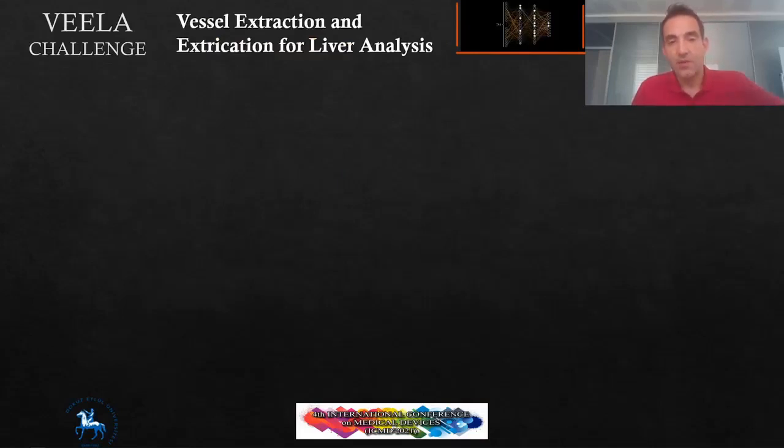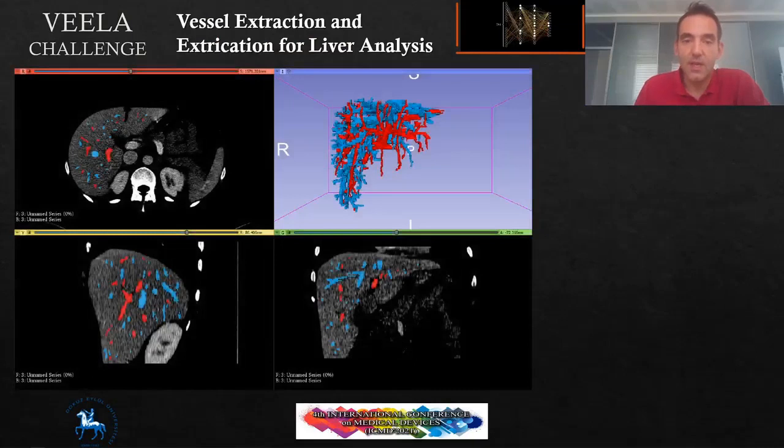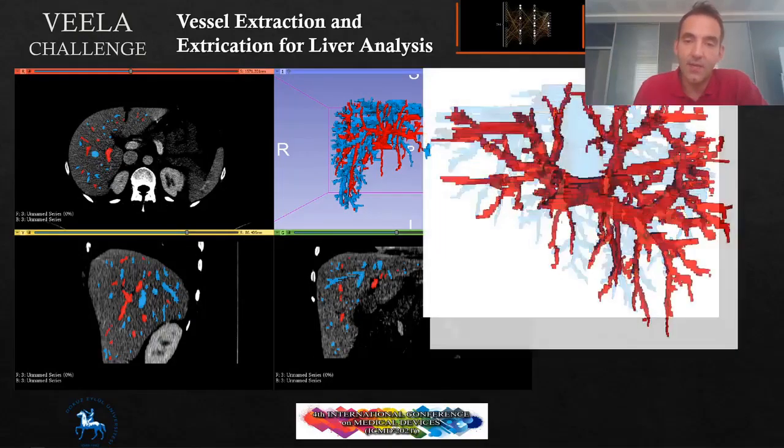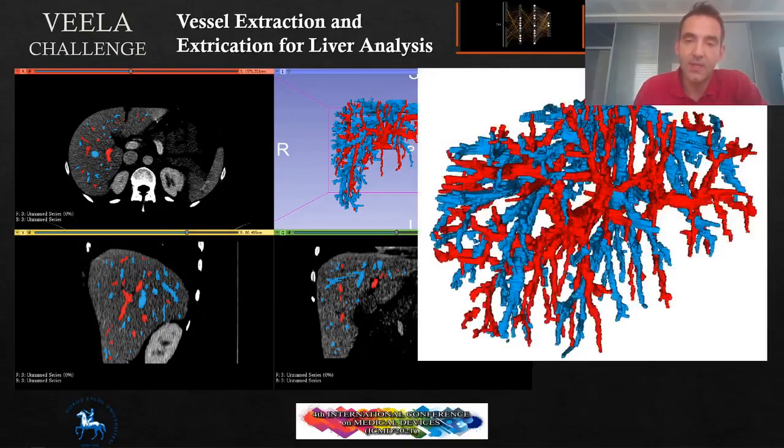Now, we are also organizing another challenge called the VILA challenge, the vessel extraction and identification of liver analysis. In this case, we also have very rigorously annotated hepatic and portal vessel trees, and you end up with a very complicated vessel tree at the end. This takes a lot of time, especially for the radiologists who need to use software to make it perfectly clear.